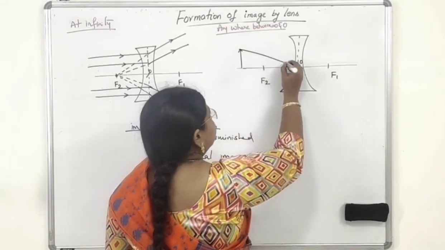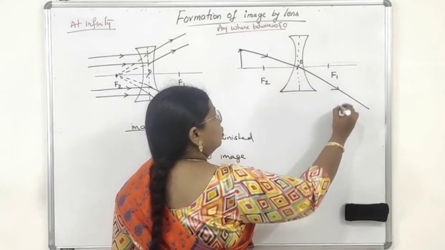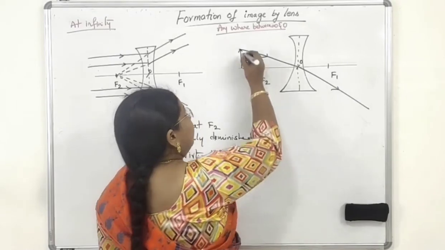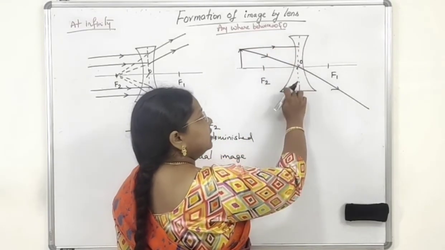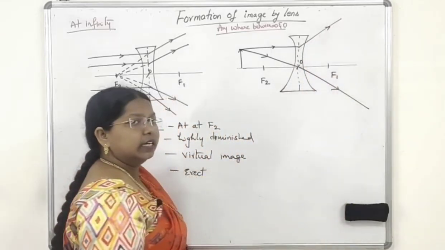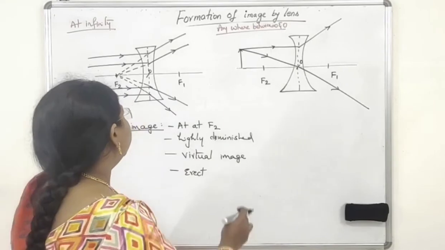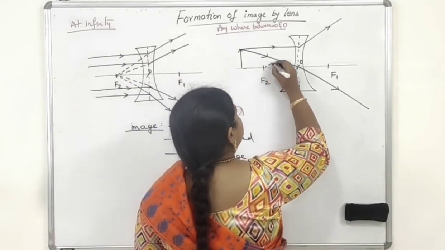So one from optical center, no deviation, go straight. Second one, parallel to principal axis. This is a diverging lens, so it diverges. We know that if we extend, they meet at F2.